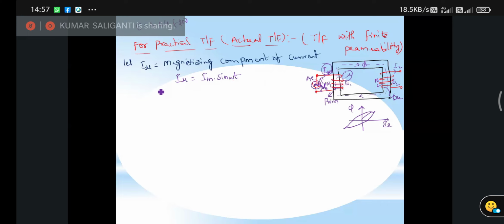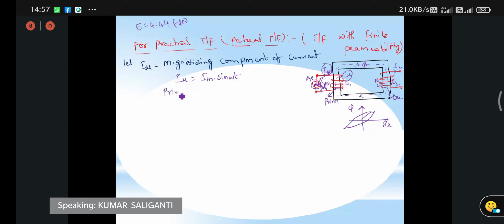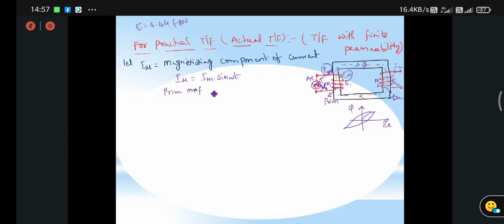From that, what is the primary MMF? When you give this magnetizing current through the primary winding, a magnetic force is developed. The primary MMF is N1 into I mu, that is N1 into Im sin omega t, where Im is the maximum value of current.